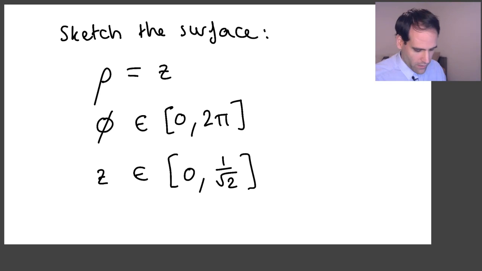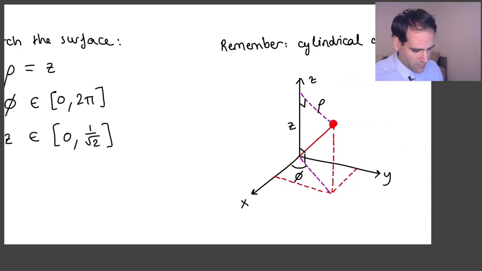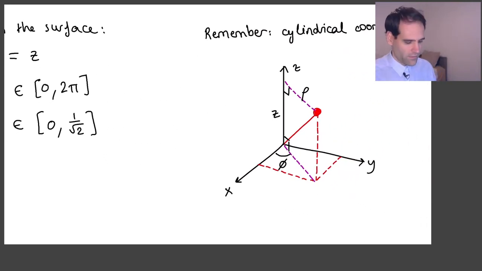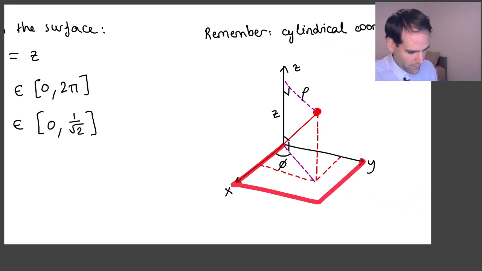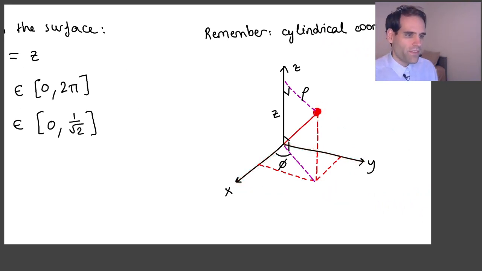To refresh your memory, this is what cylindrical coordinates look like. We are in the xy plane here, and we select a point in 3D space here, and the value of z is simply the z coordinate, as usual.